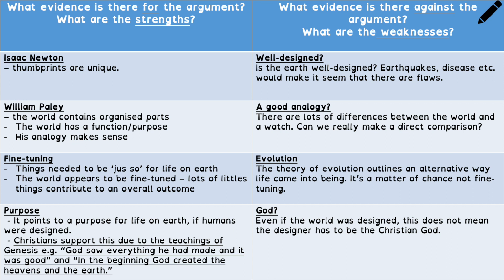The elements oxygen and carbon are necessary for human life, and if the temperature on Earth was slightly different, or the sea level was slightly higher, humans would be less likely to be able to survive. This is an example of a fine-tuning argument, because the world appears to be finely tuned, to have had lots of little things contribute towards an overall outcome.